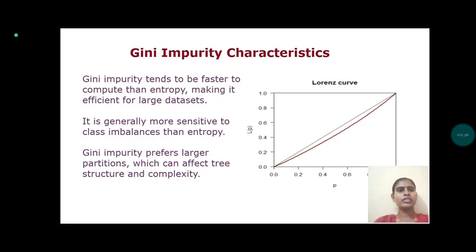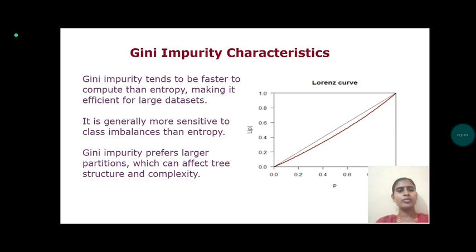And here are the Gini impurity characteristics. Gini impurity tends to be faster to compute than entropy, making it efficient for large datasets. It is generally more sensitive to class imbalances than entropy.